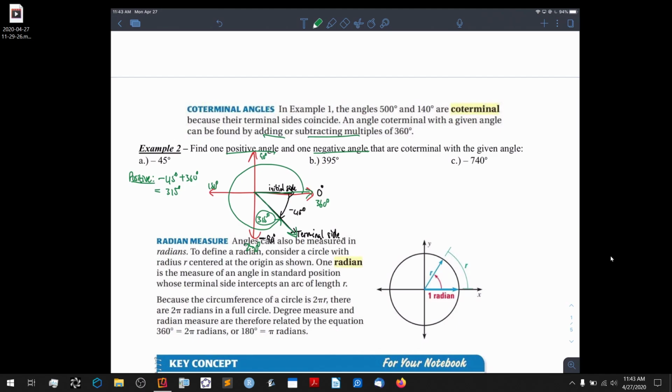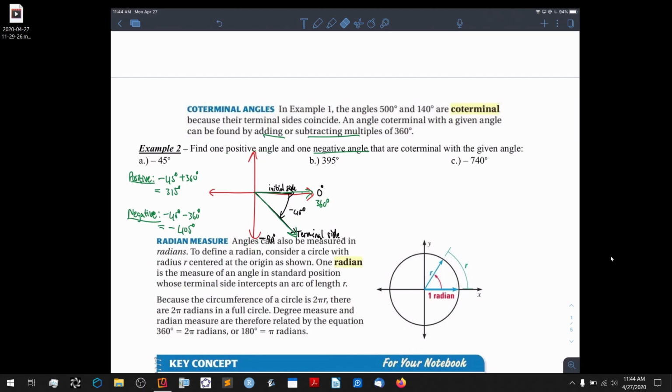And then to get my negative coterminal angle, they say you can just subtract 360. So if I take negative 45 degrees and subtract 360 degrees, I just get negative 405 degrees. But again, you can draw that if you really want to.